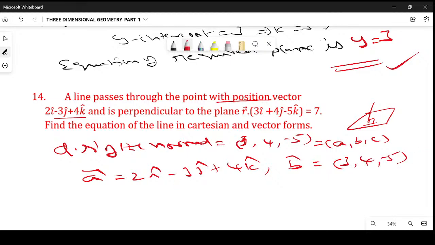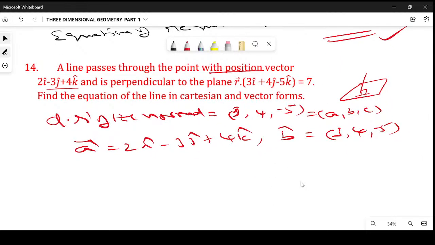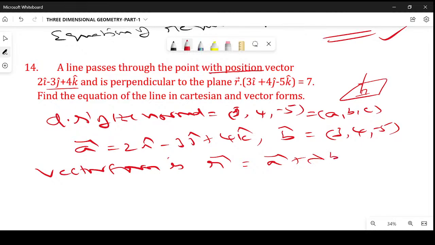When they are asking for the Cartesian and vector form, what is the vector form I can write? So the vector form is r bar equal to a bar plus lambda b bar, where lambda is a scalar.